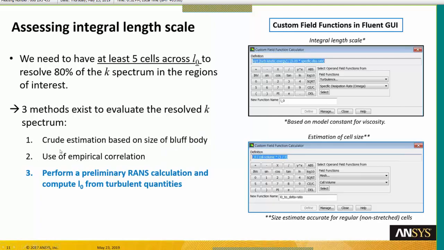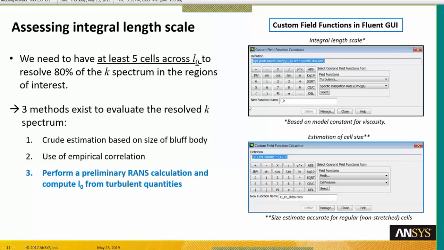You can use another empirical correlation if you have one, not based on the size of the bluff body but on local or mean properties of turbulence. Or you can perform a preliminary RANS calculation and compute the integral length scale from available turbulence quantities defined from your converged solution. That's what is done here.